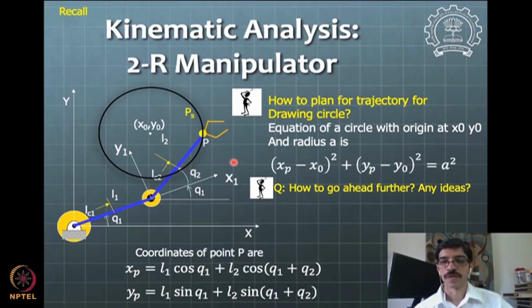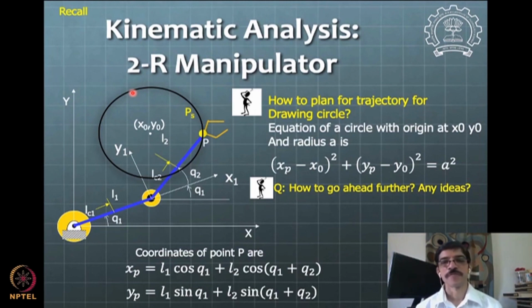So this is how you can now generalize this concept. From these two examples, first we have seen a linear stage, which is a single degree of freedom case, and now this 2-link manipulator, a 2 degree of freedom case. This can now be generalized to an n degree of freedom system. For that you'll typically need your equations of motion in place.